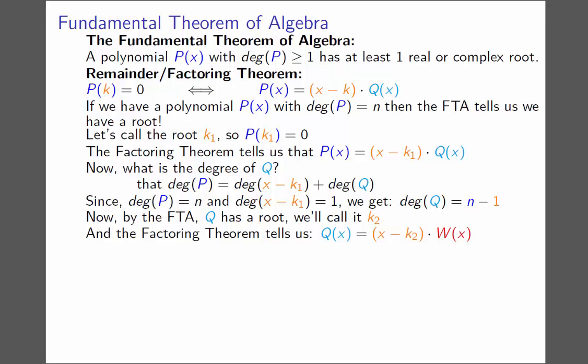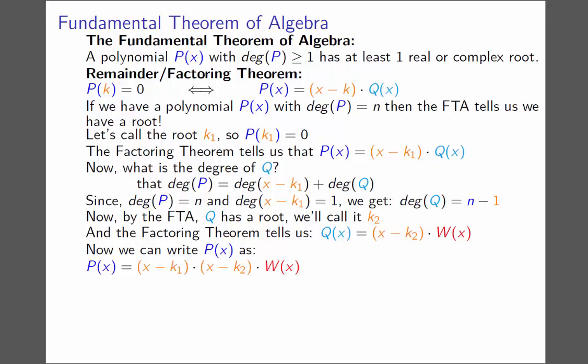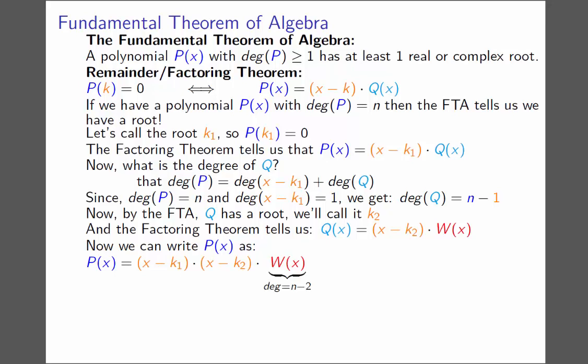polynomial, w of x. Now, we can rewrite our original polynomial p of x as p of x equals x minus k1 times q of x, which is x minus k2 times w of x, where the degree of w of x now is n minus 2.